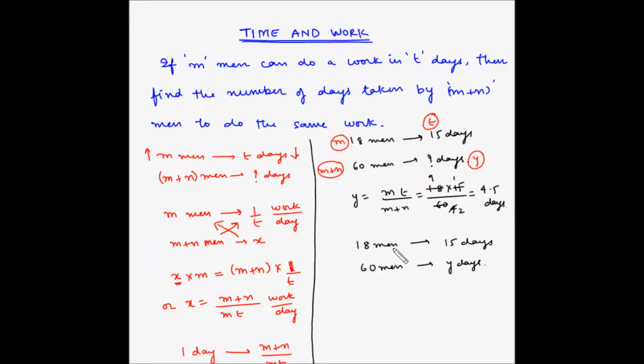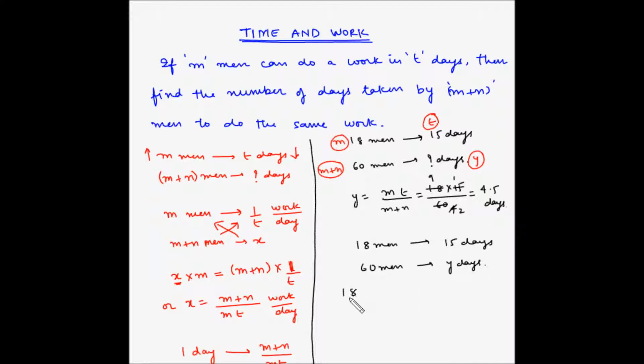So here we can see the indirect relationship between men and days. That is, if men increase, the number of days reduces, which is also known as inverse proportionality. So in this case, the ratio of m men to m plus n men will be the same as the ratio of y days to 15 days.